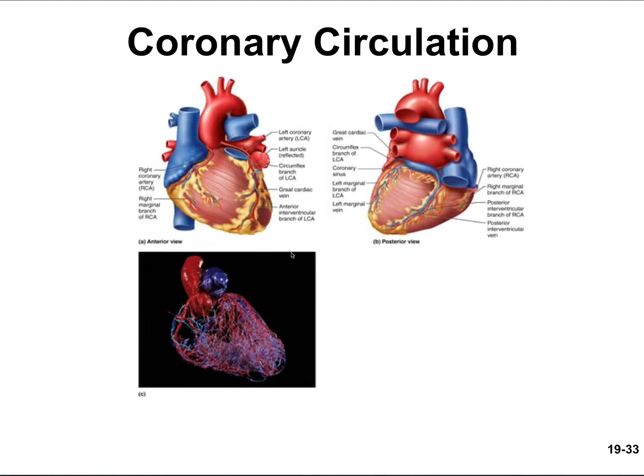The RCA, or right coronary artery, continues around the right margin of the heart to the posterior side, sends a small branch to the atrioventricular node, then gives off a large posterior interventricular branch. The branch travels down the corresponding sulcus and supplies the posterior walls of both ventricles, as well as the posterior portion of the interventricular septum. It ends by joining the anterior interventricular branch of the LCA.